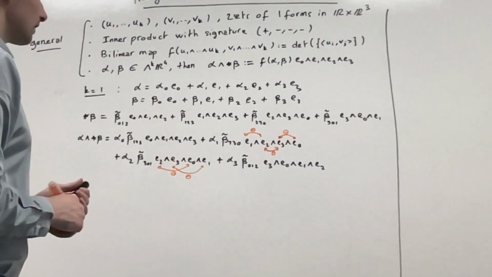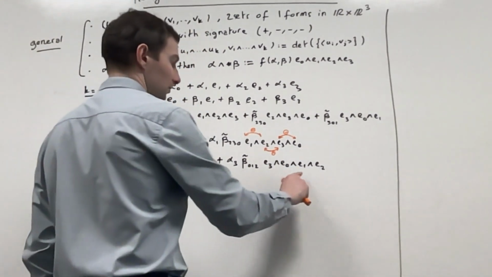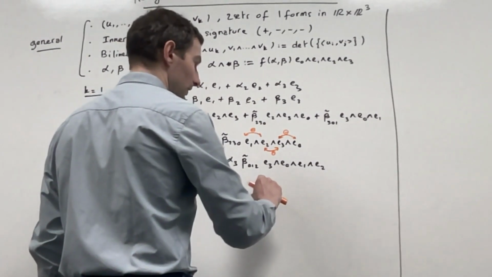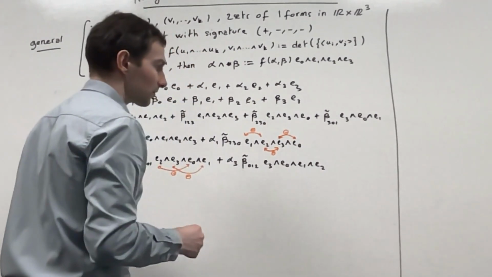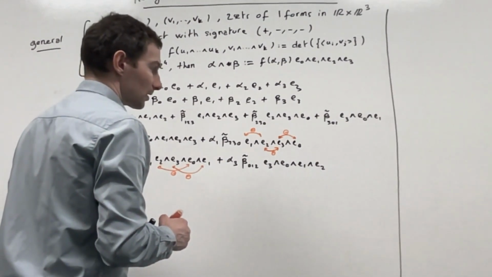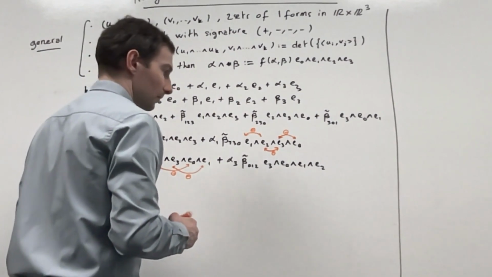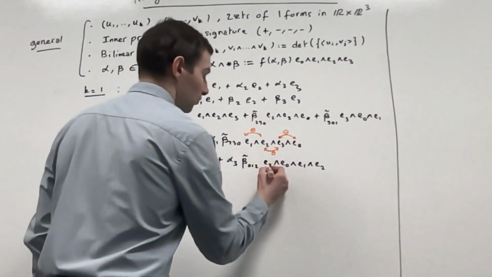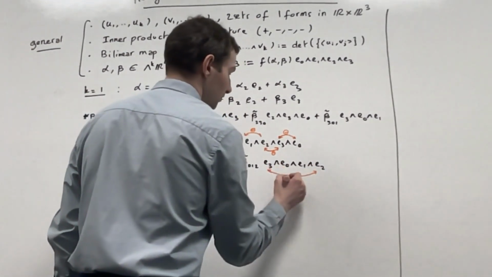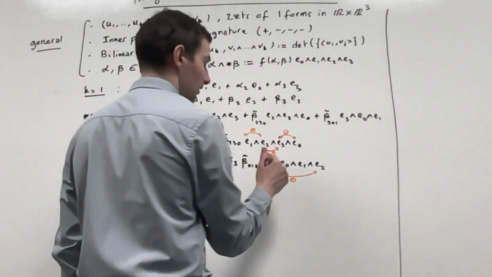Now let's look at this one. Now this one is going to have, let's be a little bit careful. So how do we do this? So if I swap, I can swap E3 with E2, so that's going to get a minus sign, but E2 is going to be there, okay?